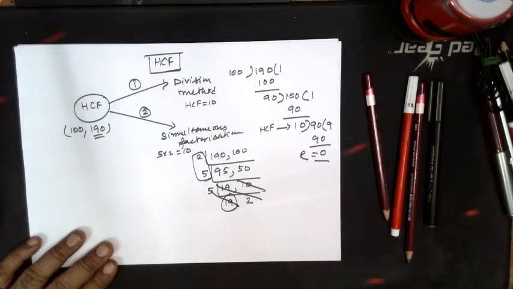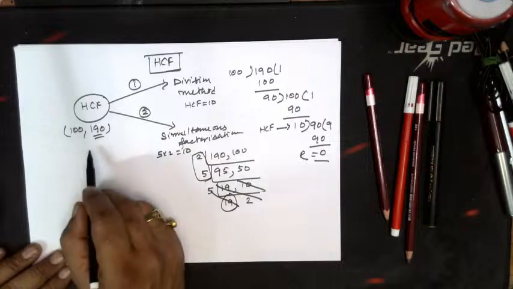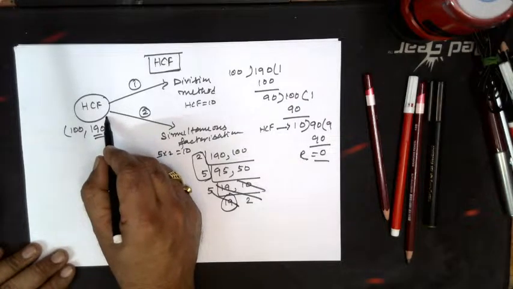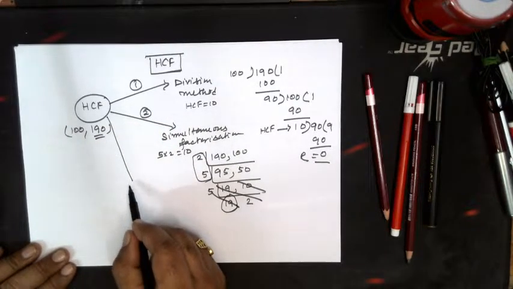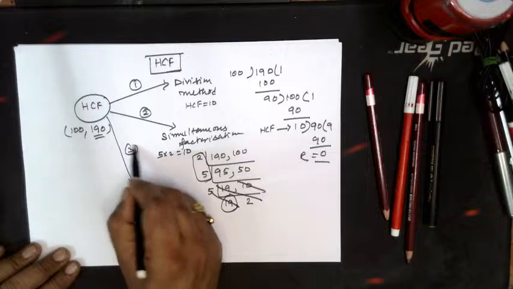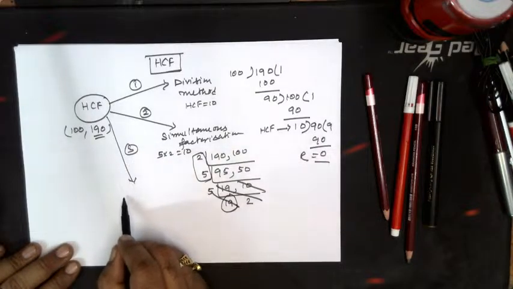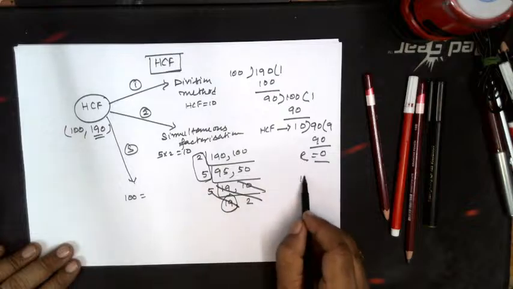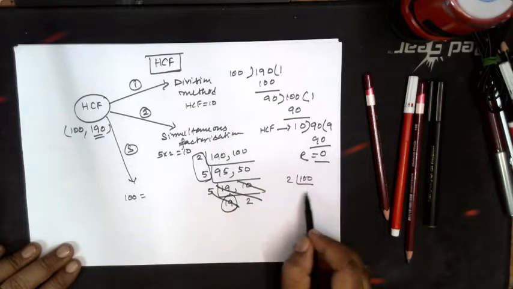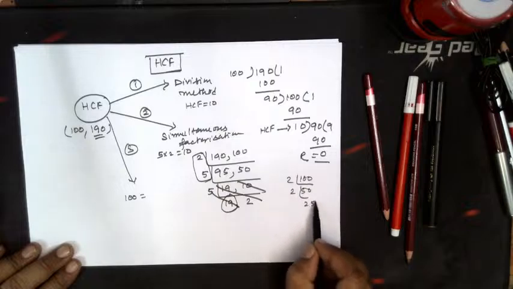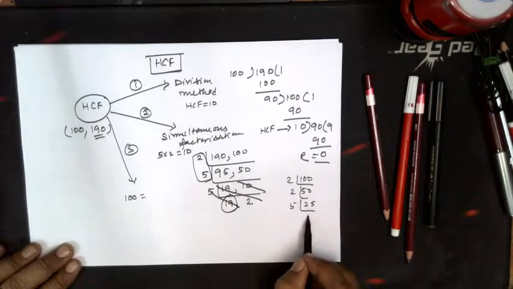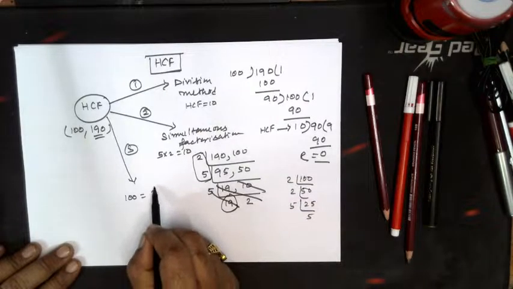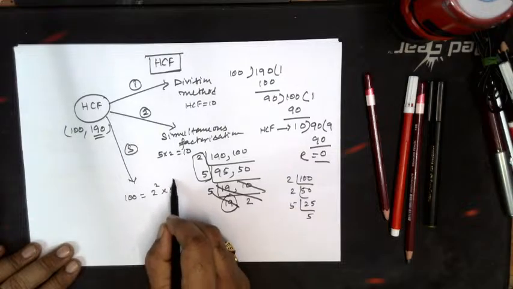Then what about the other method, normal factorization? Third method. So take 100. It can be written as 100 factorized: 2, 50, 2, 25, 5. That means 2 squared into 5 squared.